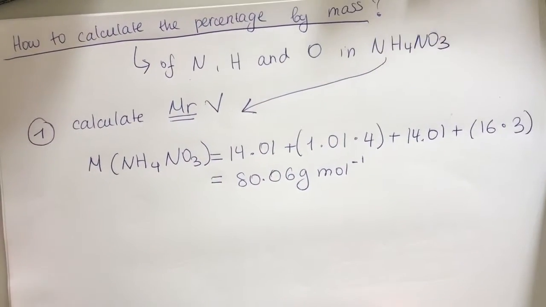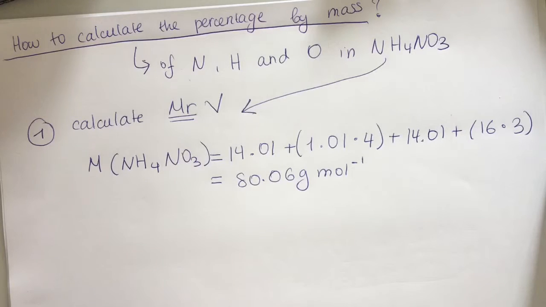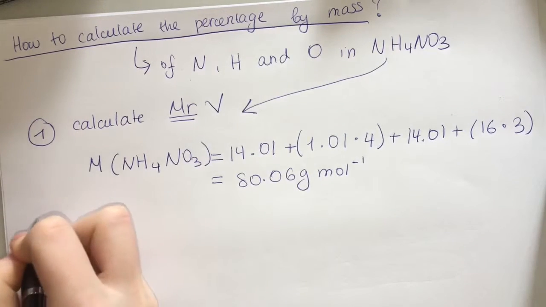Okay, so the second step then would be for each element, the total mass of its atoms divided by the molar mass and multiplied by 100. So you just have to remember it.